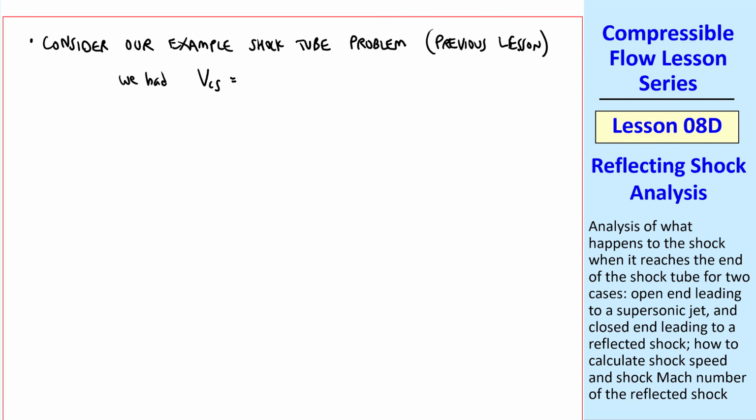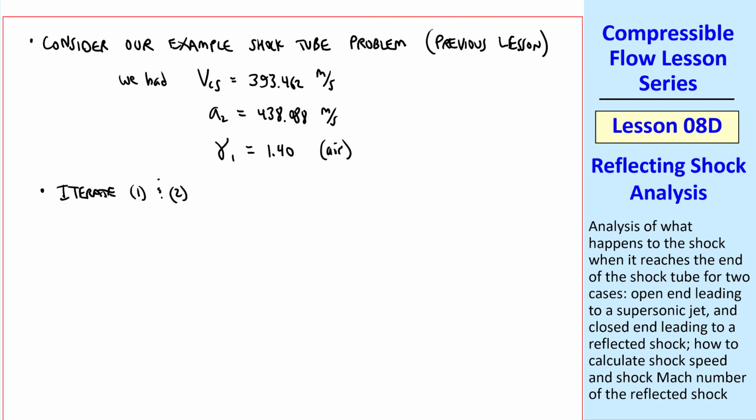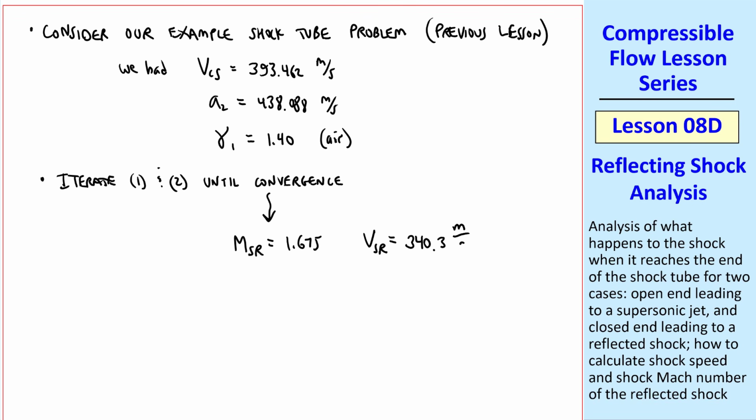We had calculated VCS and A2, and we know that gamma 1 is 1.40 since gas 1 was air. So we just iterate 1 and 2 until convergence. My result is MSR is 1.675 and VSR is 340.3 meters per second. These are our final results after some iteration.